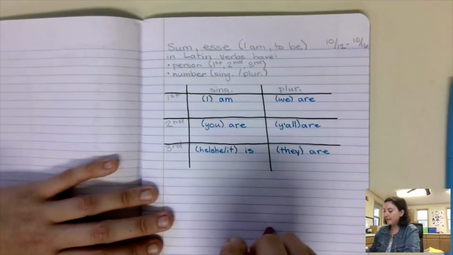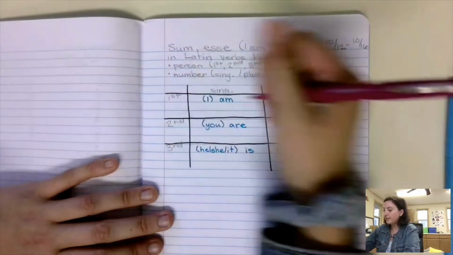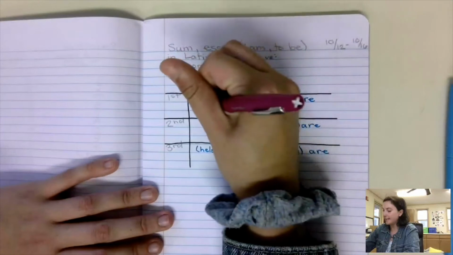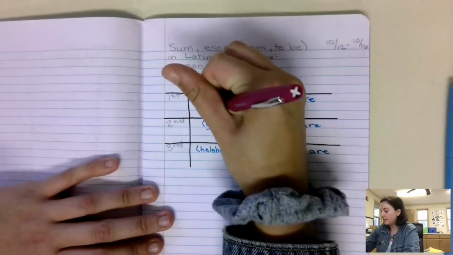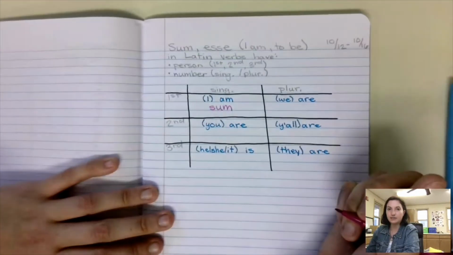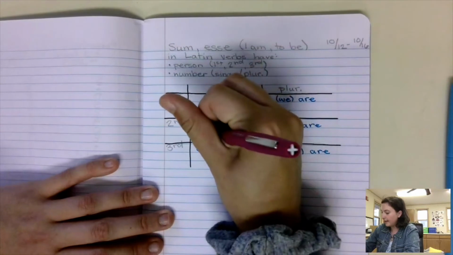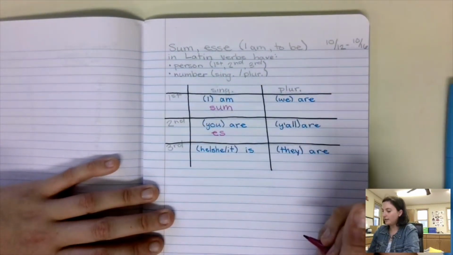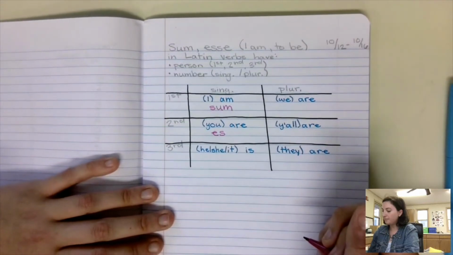Now let's write down the Latin. The first person singular, or the word that means I am in Latin, is sum, S-U-M. Sum, just like in the title. The second person singular is es, E-S. Es means you are.